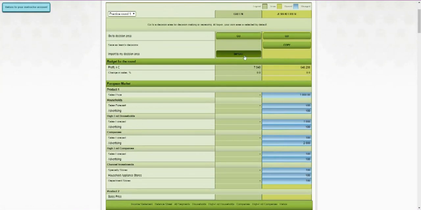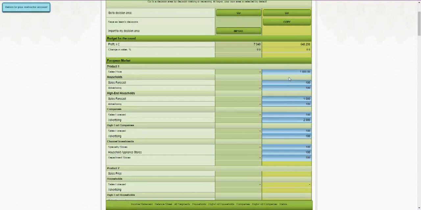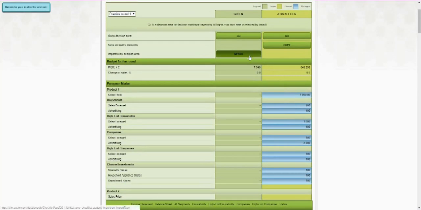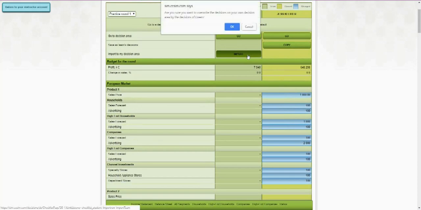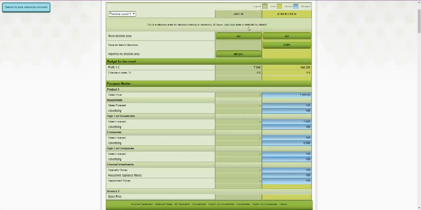What we need to do, if we're happy with these decisions, we can make adjustments here, but we have to make sure, and this is the most important thing, that you import your decisions in there, and it will say, are you sure?